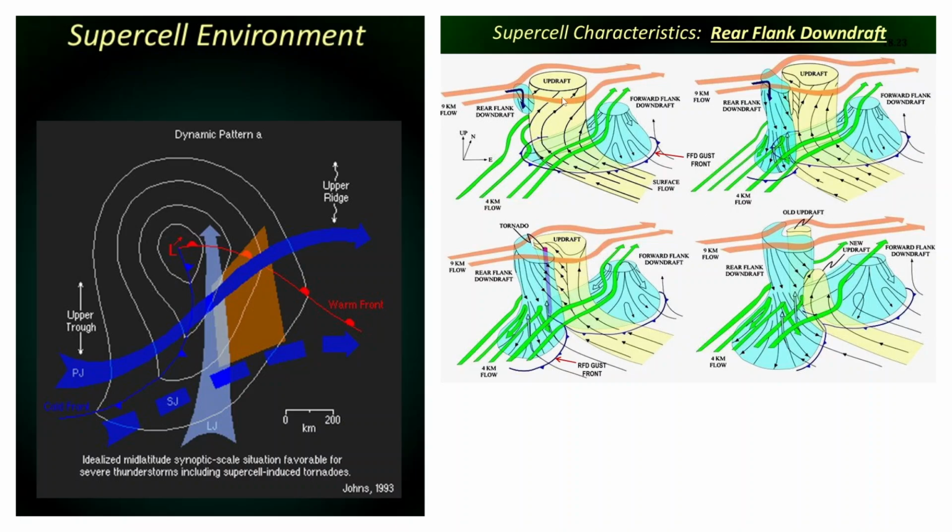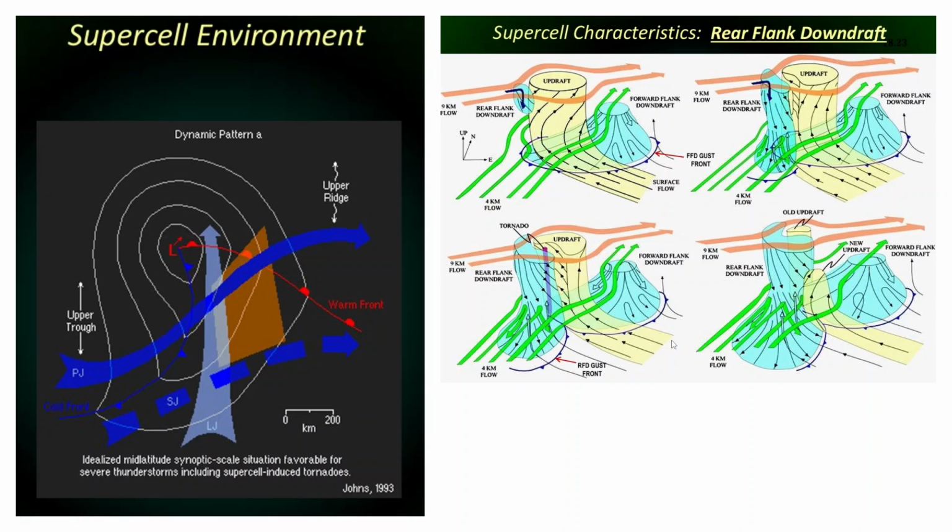Since you've got all that wind shear, the updraft is going to start spinning. Now, this rear flank downdraft hits the ground and begins to spread, and the updraft intensifies because this cold air is squeezing the inflow in, creating more of a notch.